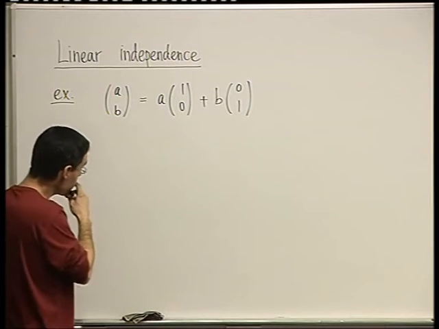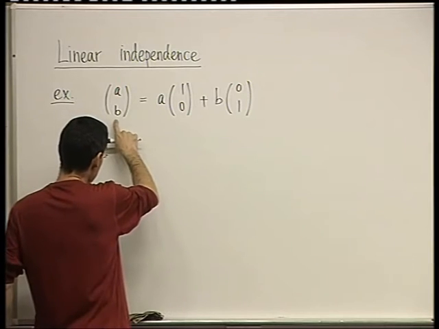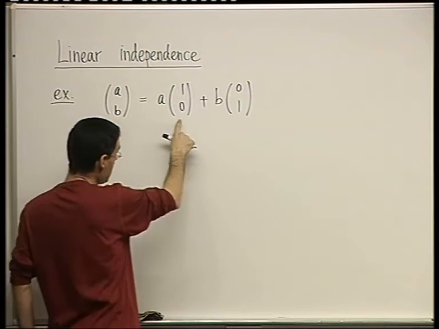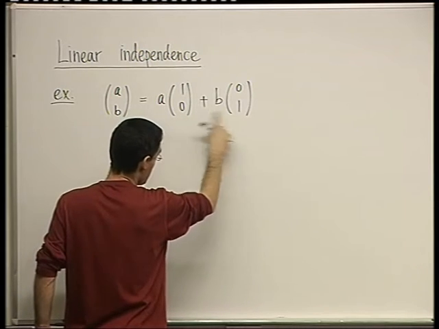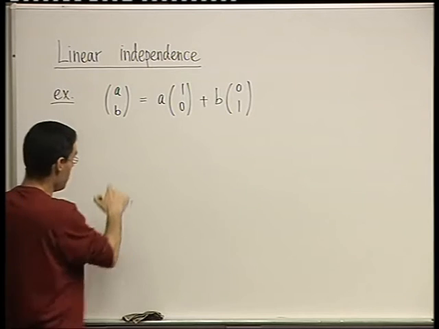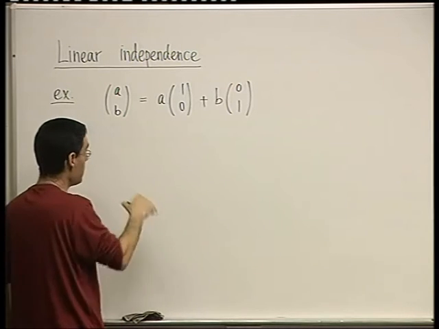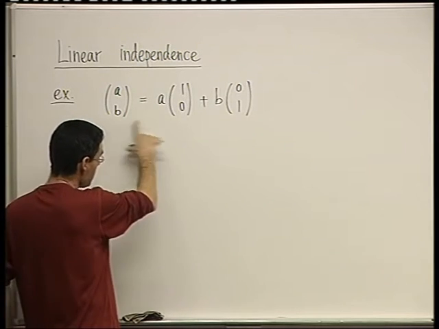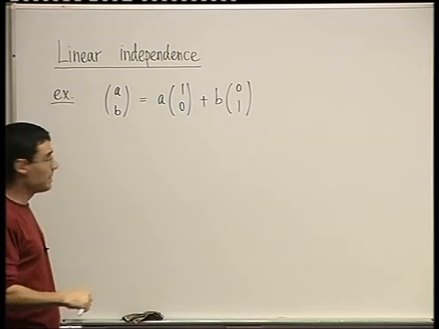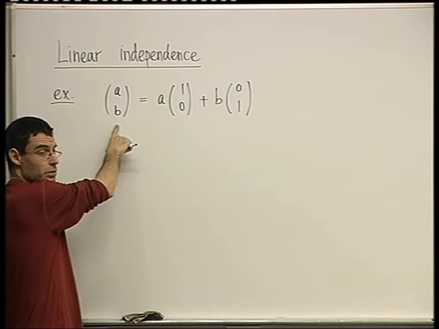So this means that this general element in R2 can be written as a linear combination of (1, 0) and (0, 1). Another way of saying it, tell me if you're following, is that (a, b) belongs to the span of (1, 0) and (0, 1).